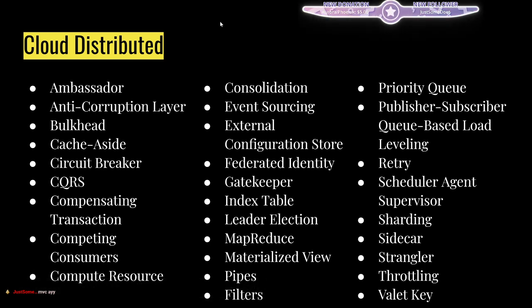So let me say which one of those I know. I know anti-corruption layer, CQRS. I have heard about pipes, gatekeeper, event sourcing, publisher subscriber.